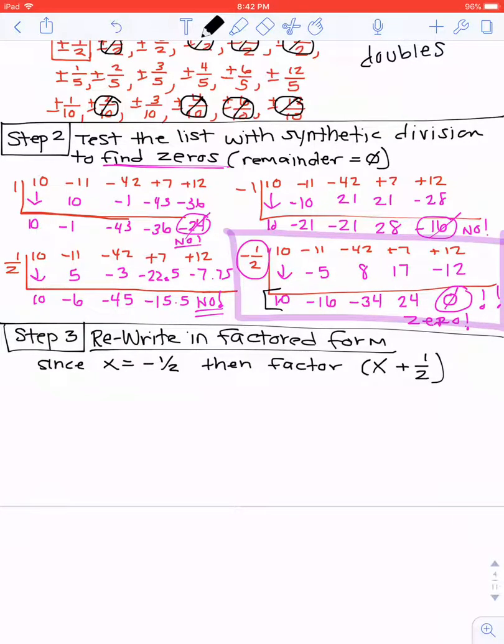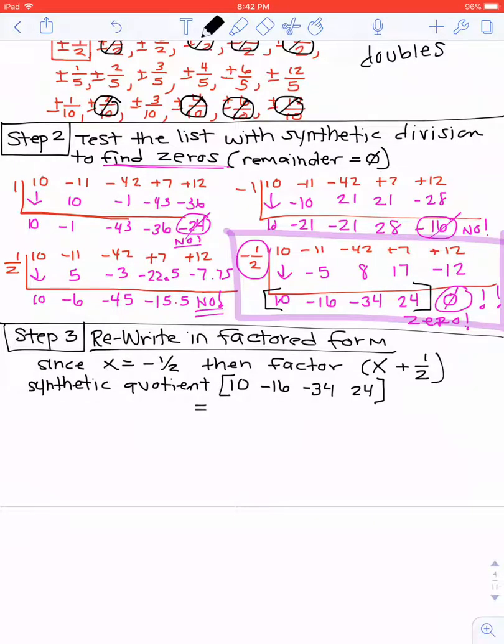Right, now we need to take these, our synthetic quotient. So our synthetic quotient is 10, negative 16, negative 34, 24. So we need to talk about what that represents.